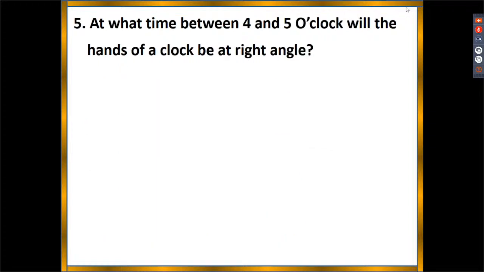Next one. At what time between 4 and 5 o'clock will the hands of a clock be at right angle?